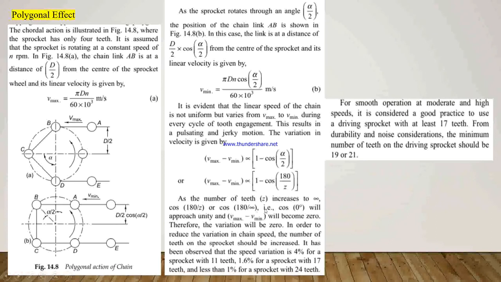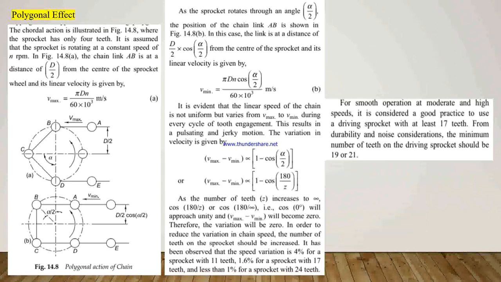As the number of teeth z increases to infinity, cos(180/z), or cos(180/infinity), will approach unity, and Vmax minus Vmin will become 0. Therefore, the variation will be 0.